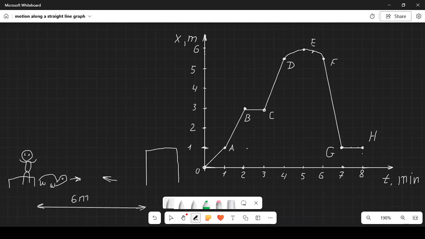Only 1 meter from the bench. And let's suppose the turtle continues moving with the same speed. So we continue this line here. So we can say that during maybe 10-15 seconds, our turtle would reach the bench.